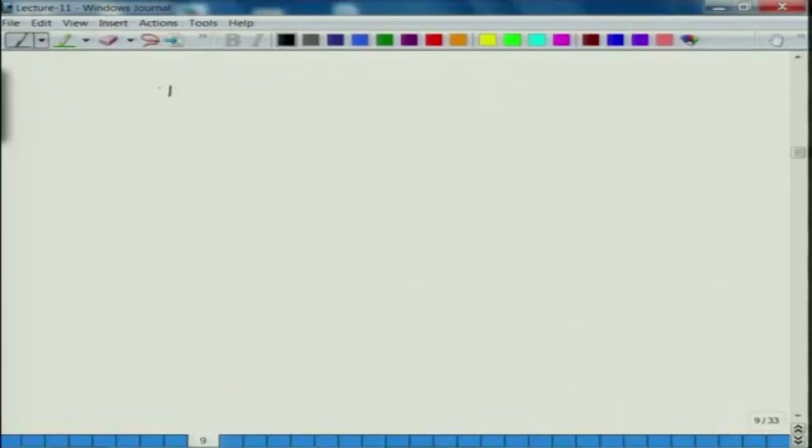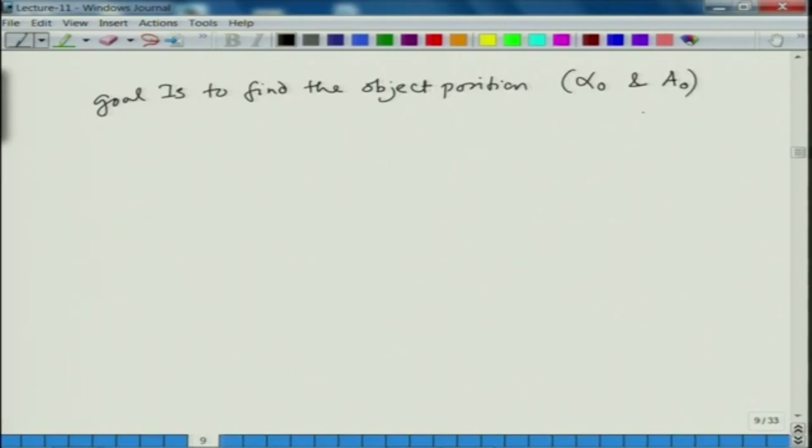Now, our goal is to find the object position. And what would be the measurement of object position? They will be the altitude angle for the object and the azimuth angle for the object, okay. And these two angles we have to find out and put them on the sun path diagram.